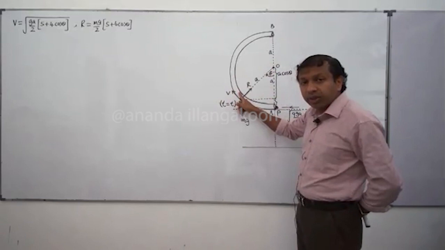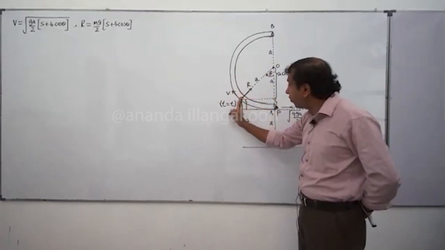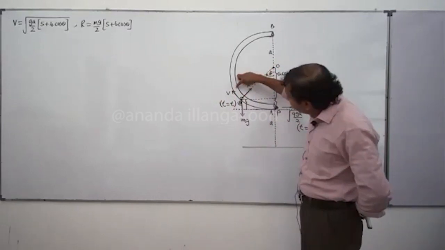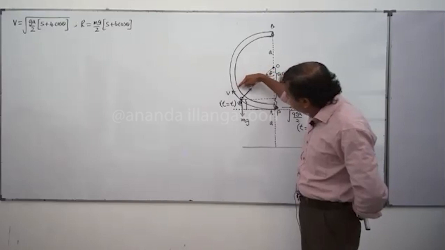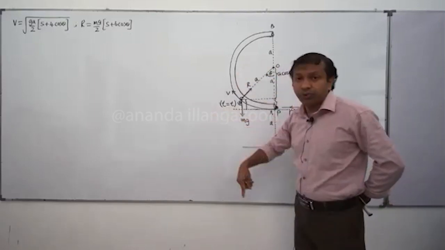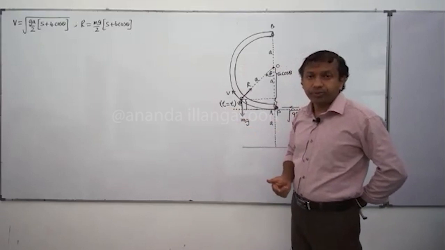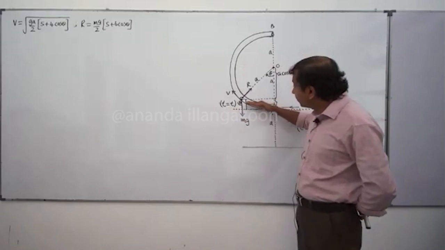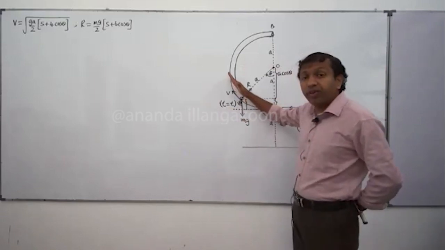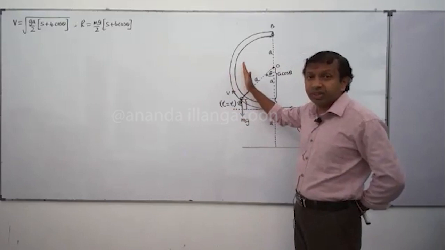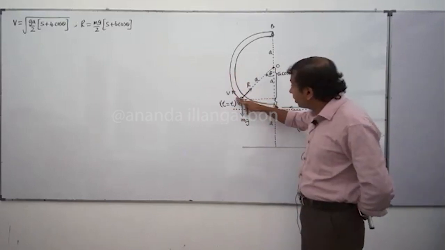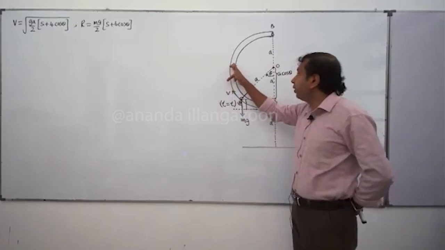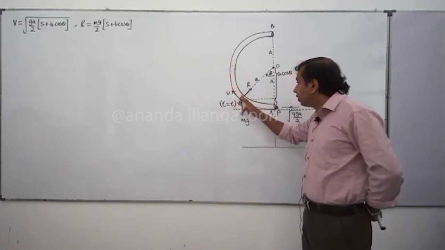As long as the particle makes contact with the outer surface, the normal reaction acts towards the center, okay? And once it makes contact with the inner surface, the normal reaction on the particle by the tube is outward, away from the center. So once the particle moves like this, it can't leave the circular motion. The possibility is that if the velocity of the particle becomes zero somewhere here, the particle comes to instant rest there and moves backward on the same path.